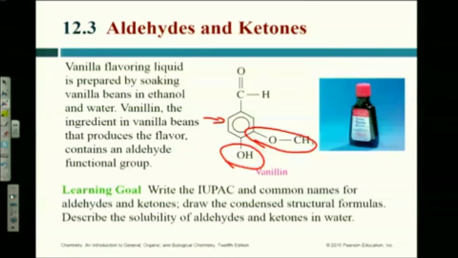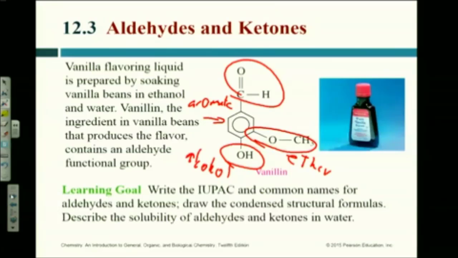It is a what? Somebody said it. It's an ether. Okay? So it's an aromatic ether alcohol. And then it also has this thing up here. It's also an aldehyde.